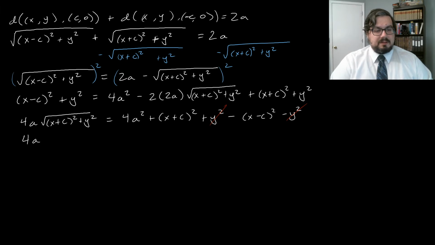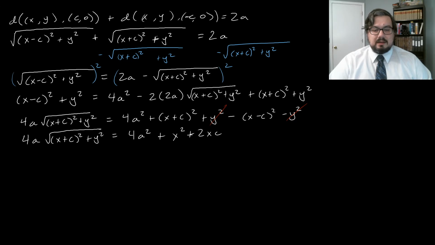And so we're left with 4a times the square root of (x plus c) squared plus y squared is equal to 4a squared plus, now expanding out (x plus c) squared gives us x squared plus 2xc plus c squared, and then minus (x minus c) squared gives us x squared plus 2xc minus c squared after we distribute that negative in front through.